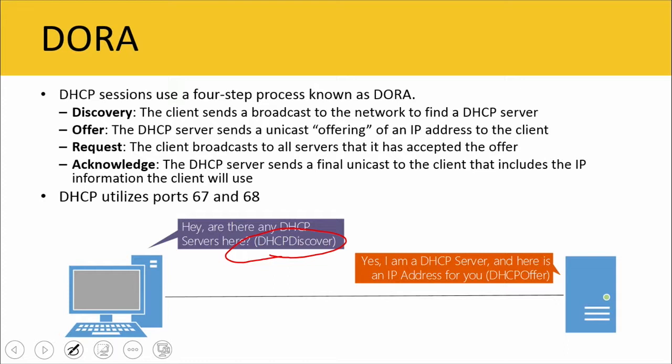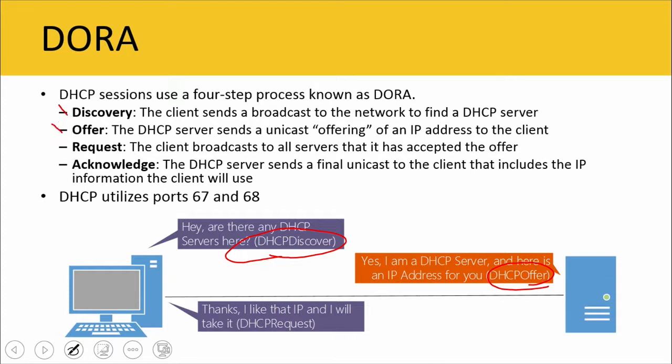Next, that server is going to respond, and it sends a unicast message offering an IP address to the client. Then, I'm going to check these off as we walk through them, we have a request where the computer says, hey, I would really, really like that IP address. Please send it over to me.